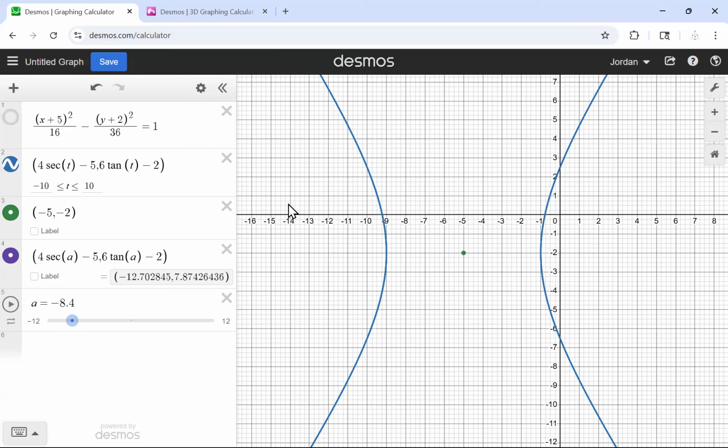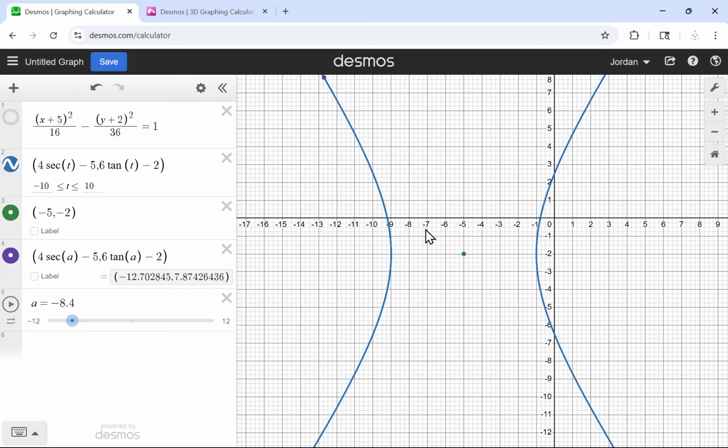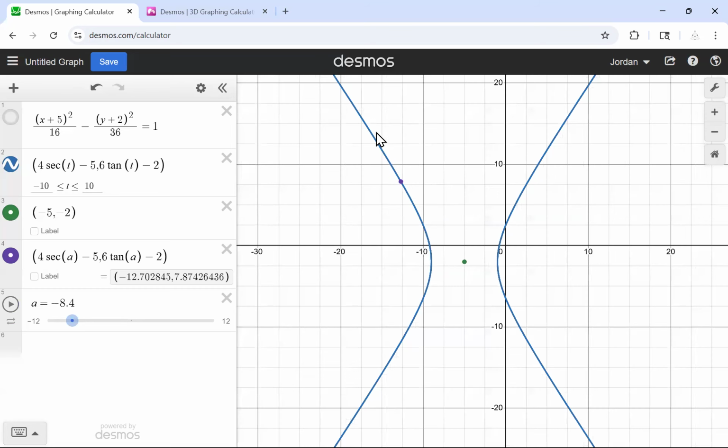And then when it gets close to that other end, it's going to jump all the way down into the right. So watch what happens. It starts going up here, and then it'll jump down into the right.